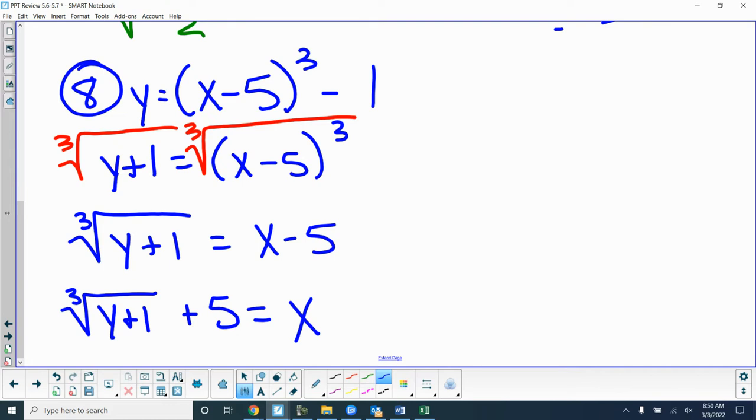Then if you put negative 3 in here, that's negative 2? So it's a cube root of negative 2 plus 5, which there is no real cube root of negative 2, right?